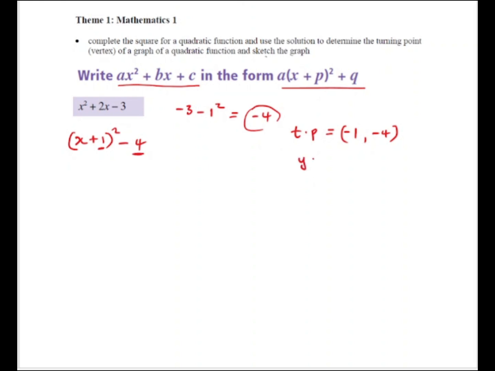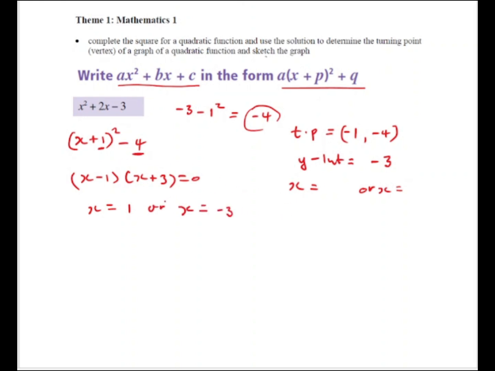The next point is the y-intercept. To get the y-intercept, we just take the last number from the quadratic expression, which is negative 3. Then we need to find the two roots. If we solve this quadratic equation, we factorize it into x minus 1 and x plus 3, so x minus 1, x plus 3 equals 0, and this gives x equals 1 or x equals minus 3.